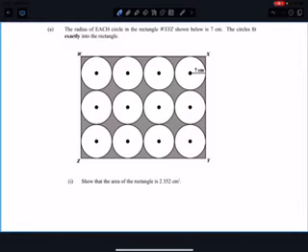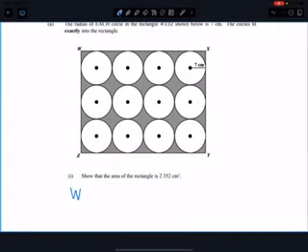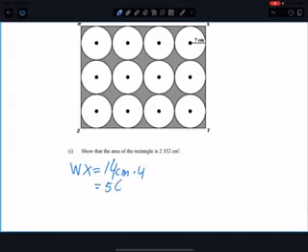So, the length from W to X is what? The radius is 7, so I have a diameter of 14, and I have 1, 2, 3, 4, meaning 14 centimeters times 4, that equals 56 centimeters.